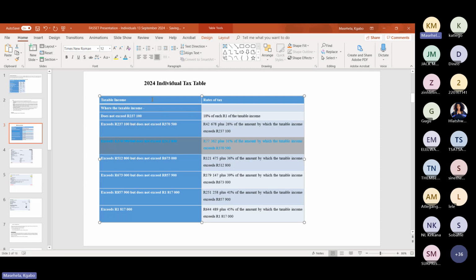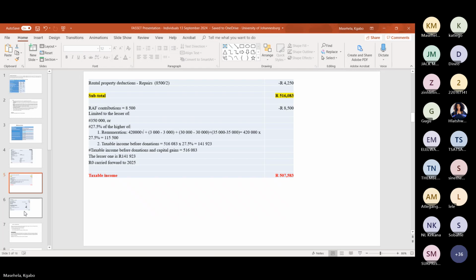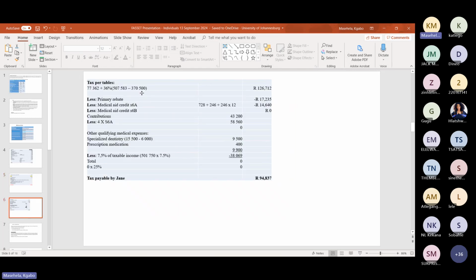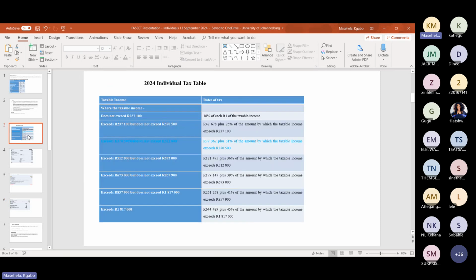Yes, it says exceed 370,500, but does not exceed 512,800. But we know that our taxable income is within this category. It is 507,583. Then we are going to take 507 minus 370, because it does not exceed 512,800.